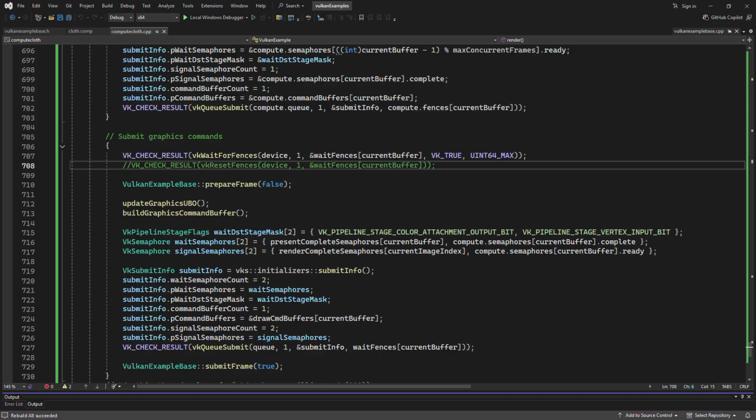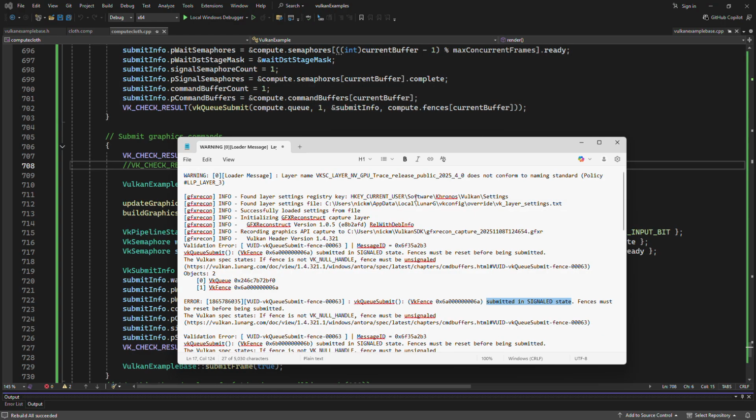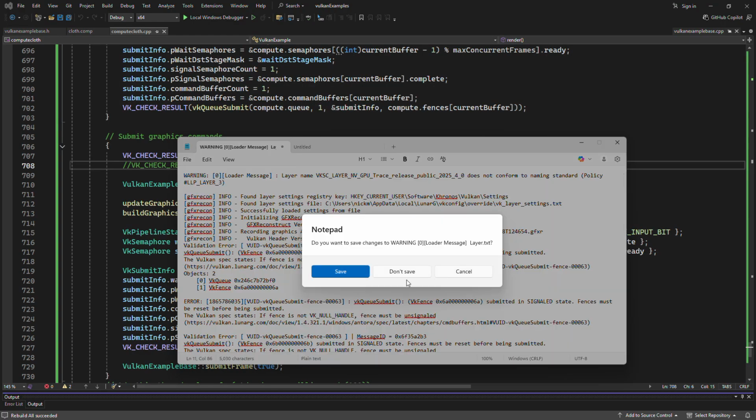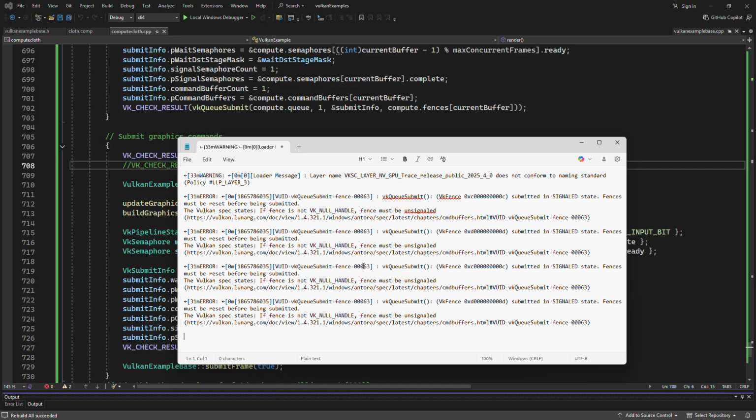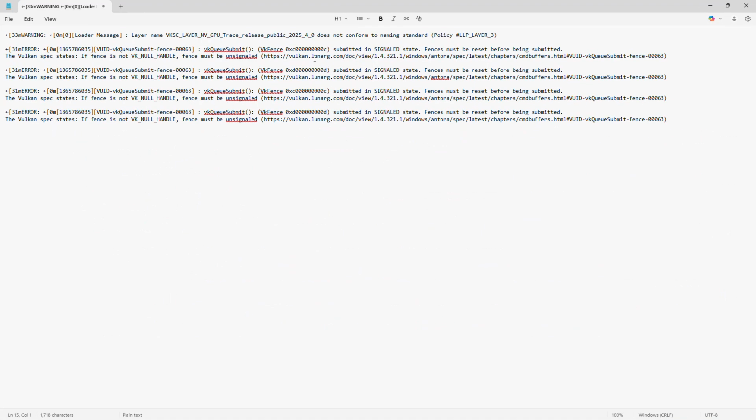So it doesn't really run, right? So this is the same thing: submitting signaled fences, they must be reset, blah blah blah.